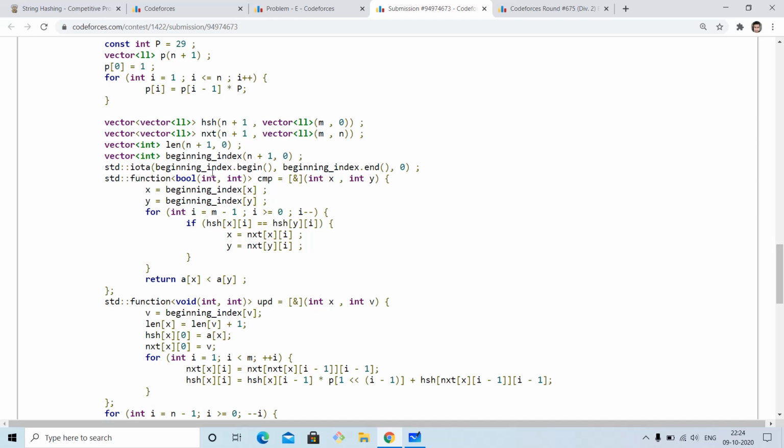Initially we will initialize the beginning index to I for any index I, for 0 to n plus 1, and we are also initializing this next with n.